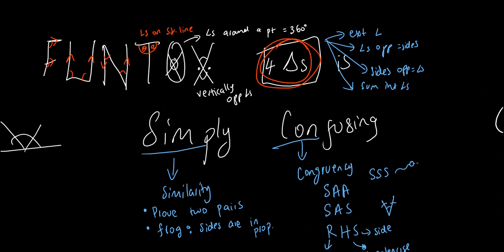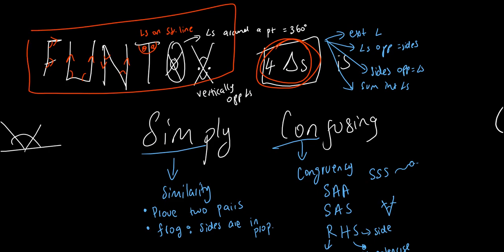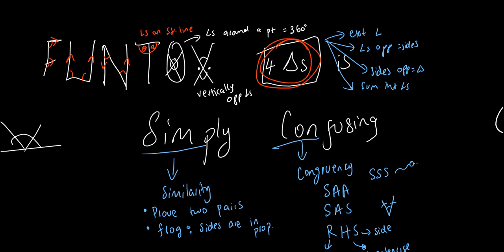Whenever you are stuck on similarity, congruency, Fun Talks, or CCT, this sum of angles in a triangle is always going to prove helpful, as also the exterior angle. You understand?